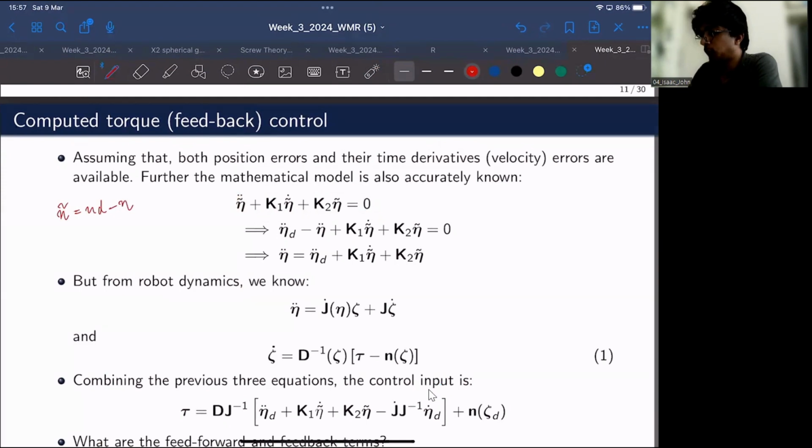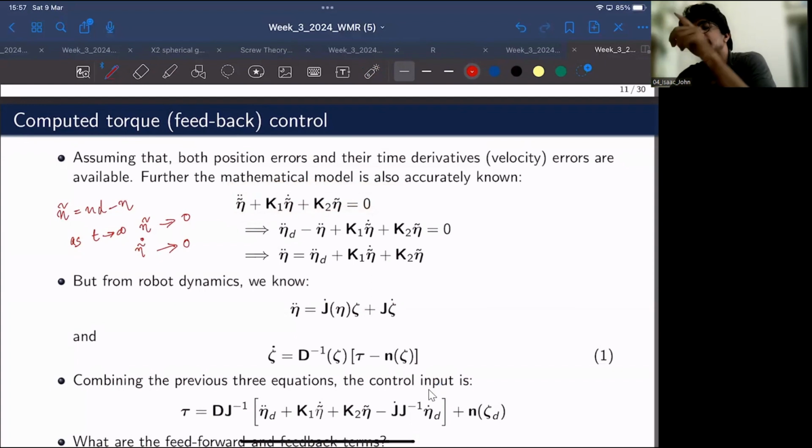If you force the robot to behave as per the second order differential equation, what will happen? As time tends to infinity, eta tilde will tend to 0 and eta tilde dot will also go to 0. For example, the desired and the actual velocities will have converged, and the desired and actual positions will also have converged as time tends to infinity, rendering the system stable.